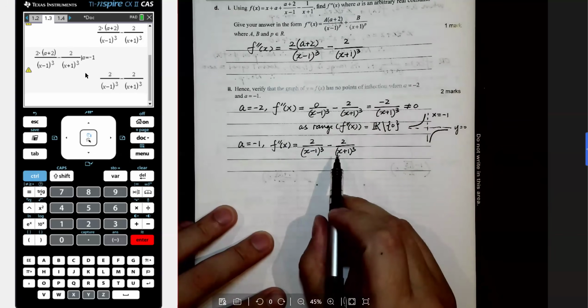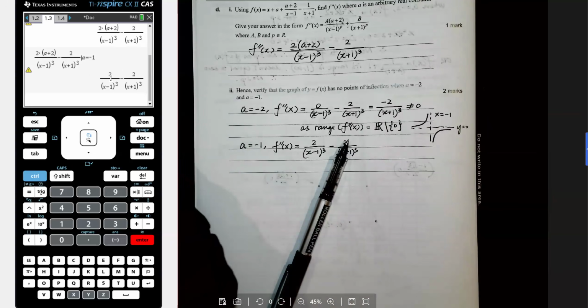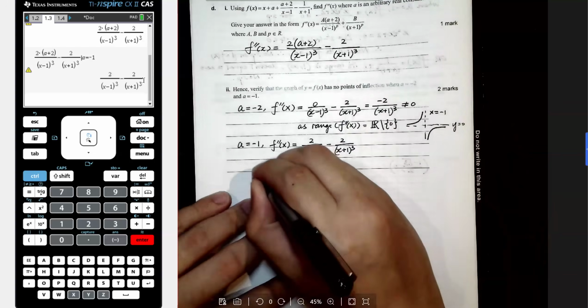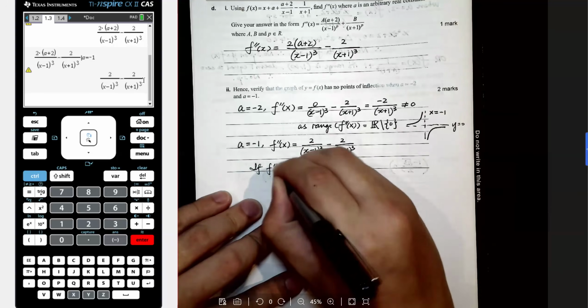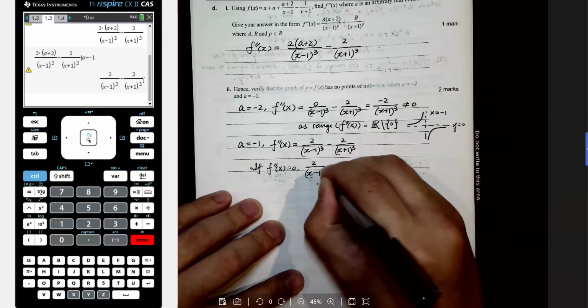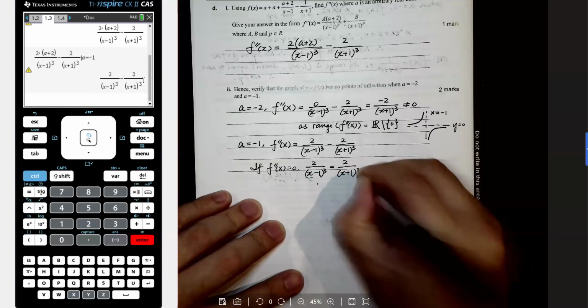The reason why it's also not equal to 0, or no solution, is because you can either solve it and establish maybe a contradiction. If f double dash x equals 0, you have 2 over (x minus 1) to the power 3 equal to 2 over (x plus 1) to the power 3.